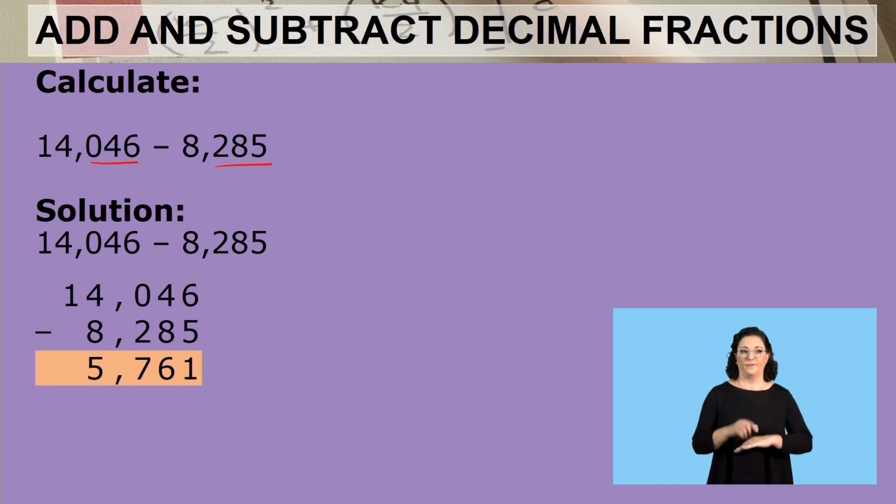Now we say 6 thousandths subtract 5 thousandths, which will give you 1 thousandth. And then we say 4 hundredths subtract 8 hundredths. This can't happen. Now we go to the tenths column. We can't take from a 0 there.